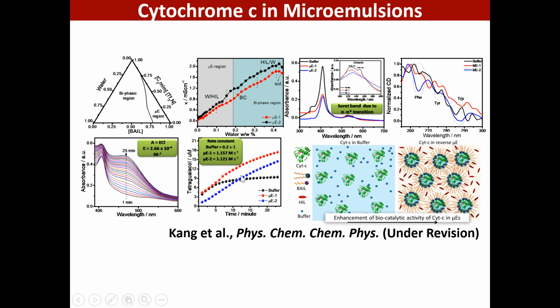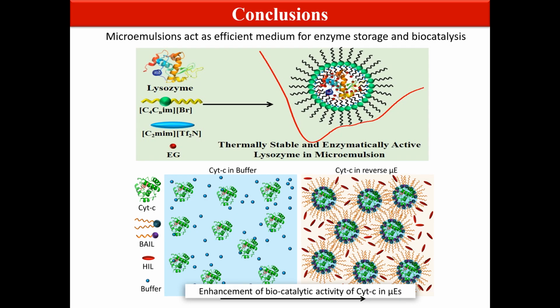By utilizing the rate constants, we infer that cytochrome C has shown better catalytic activity in the microemulsion as compared to buffer, and a five-fold increase in the rate constant of cytochrome C in microemulsions indicates the good catalytic activity of cytochrome C in the microemulsion as compared to buffer. So from here we infer that microemulsions act as a better catalytic medium for biocatalysis.